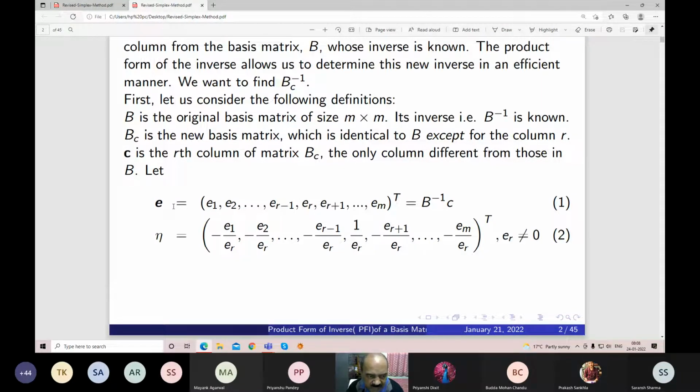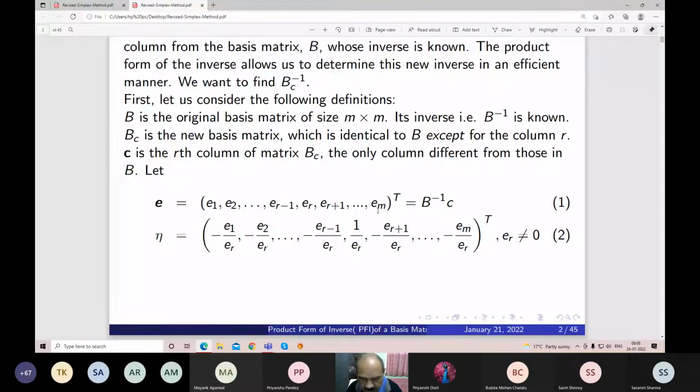The elements of the column vector are E1, E2, up to E(r-1), E(r+1), up to Em, transposed, meaning it is a column vector. The elements are E1, E2, E(r-1), E(r+1), Em column-wise.